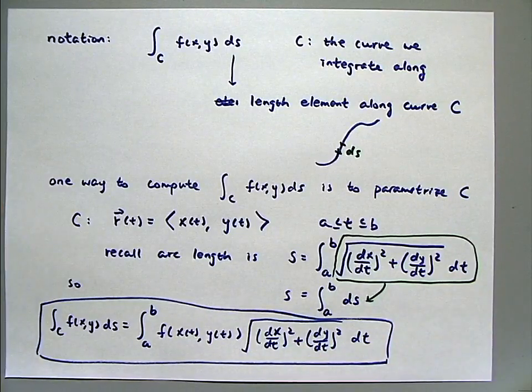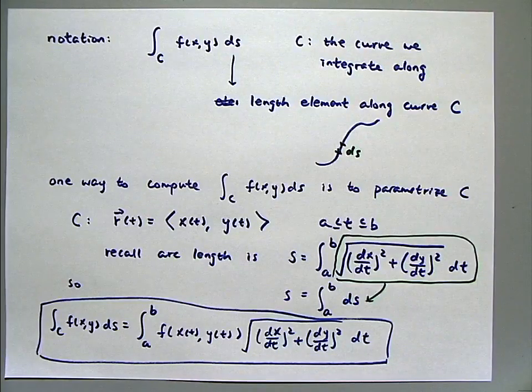Okay, so that's how you can compute the line integral if you parameterize that curve with the parameter t going from a to b, whatever a and b you want them to be, as the situation demands.